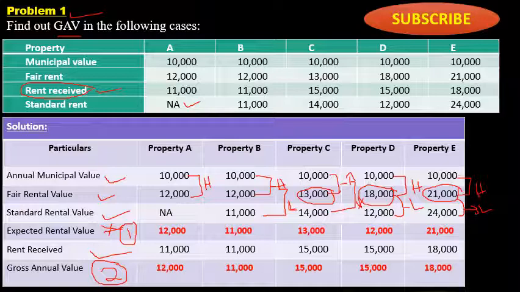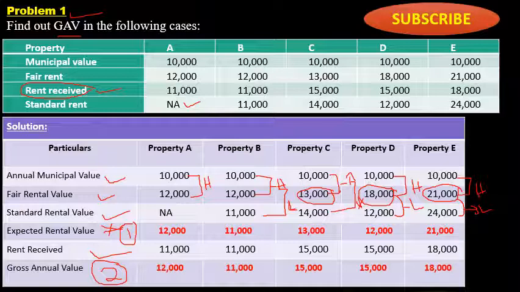If there is an unrealized rent and vacancy period, then rent received itself is the gross annual value, meaning there is no comparison. If there is a vacancy period of a house property, or if there is an unrealized rent of a house property, then gross annual value is equal to rent received.